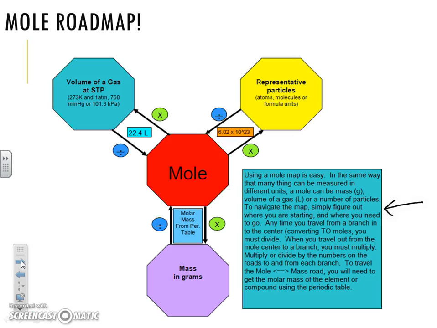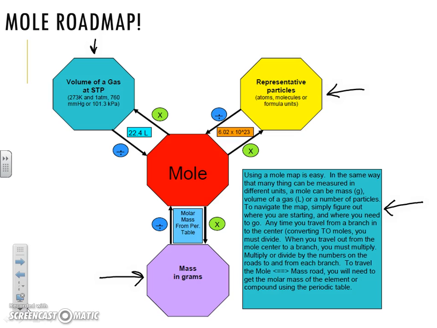So you have three different things that you are potentially looking at. We're looking at either volume of gas, we're looking at representative particles, so molecules or atoms or formula units of some kind, or we're looking at mass. And over the last 2 days, we've done calculations considering all of these things.